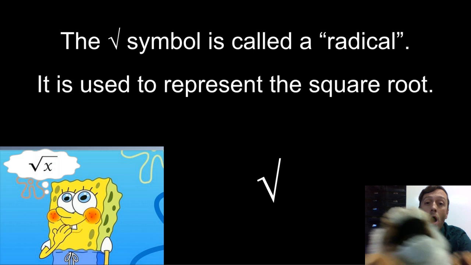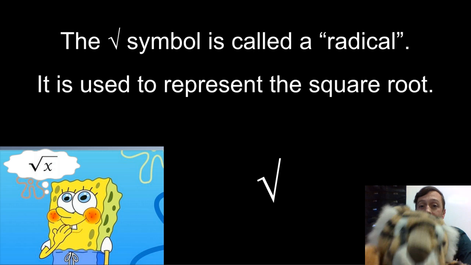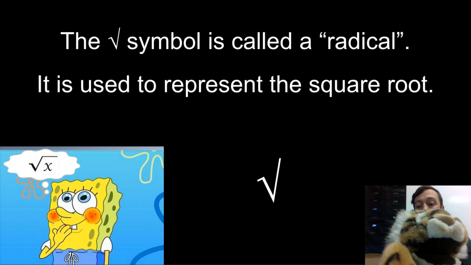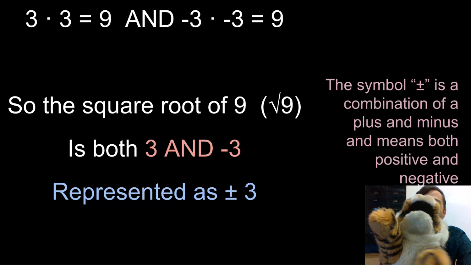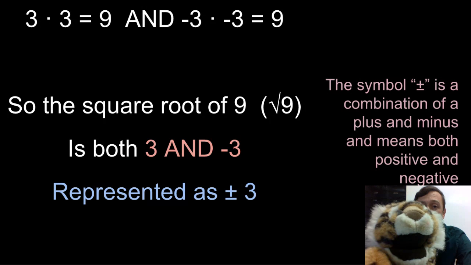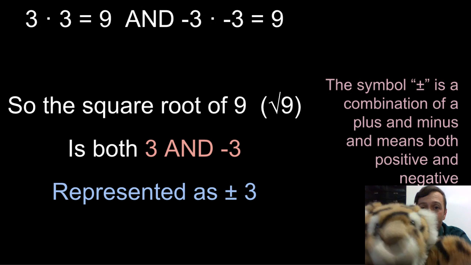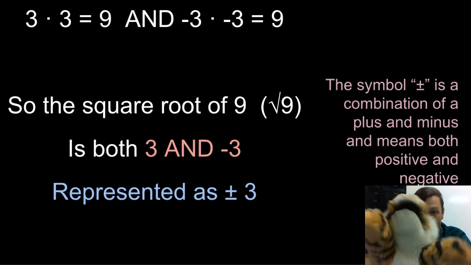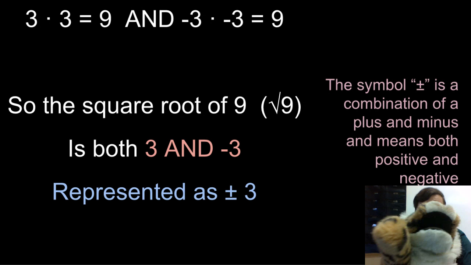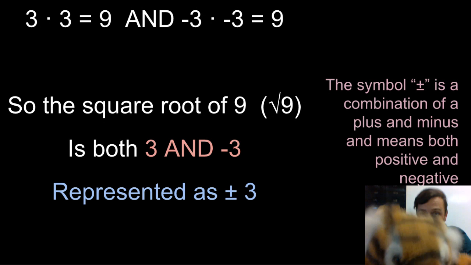Why is it got to be so much harder than normal? Well, I'll show you. 3 times 3 is 9, and negative 3 times negative 3 is 9, because a positive times a positive is a positive, and a negative times a negative is a positive.